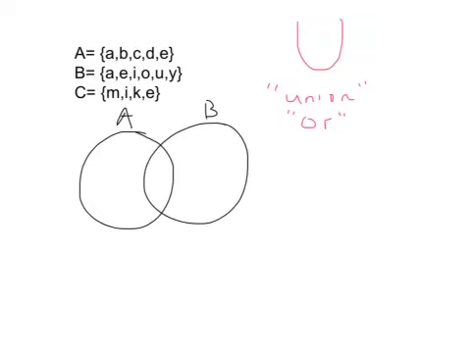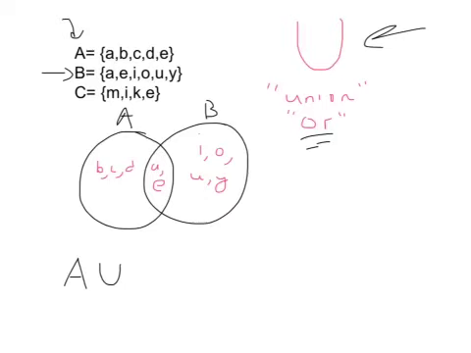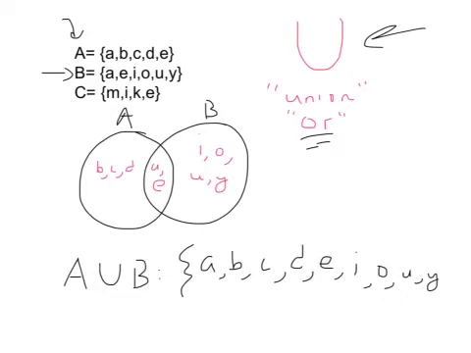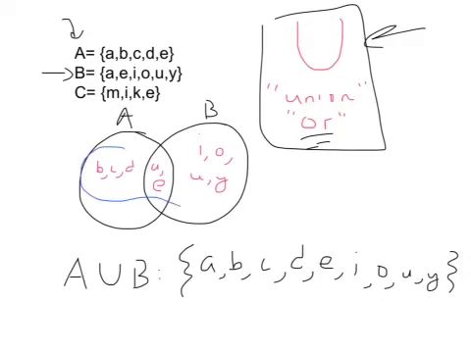They share A and E. So we could think about writing A and E in that shared space, and A also has B, C, D as elements, and B has I, O, U, and Y. When we're talking about a union, we mean that the element has to occur in A or in B. So A union B equals, well, what that's going to be is A, B, C, D, E, everything from A and including the things from B: I, O, U, Y. So when we're talking about union, what we mean is just take all of these elements and add them as one.